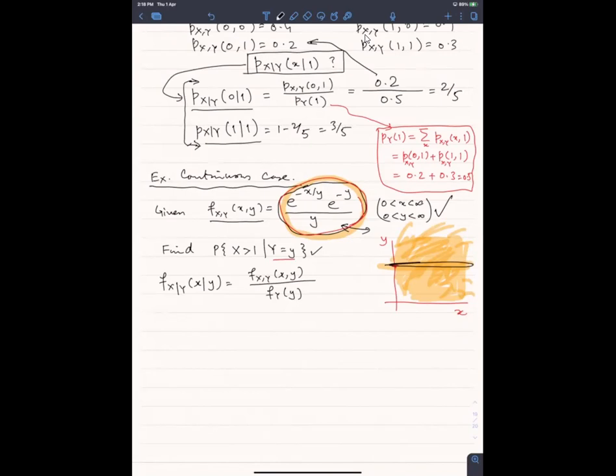And how do I find the marginal in this case? f_Y(y) would be equal to the integral over x going from 0 to infinity of the joint distribution, which is e to the power minus x over y, e to the minus y, divided by y, dx.